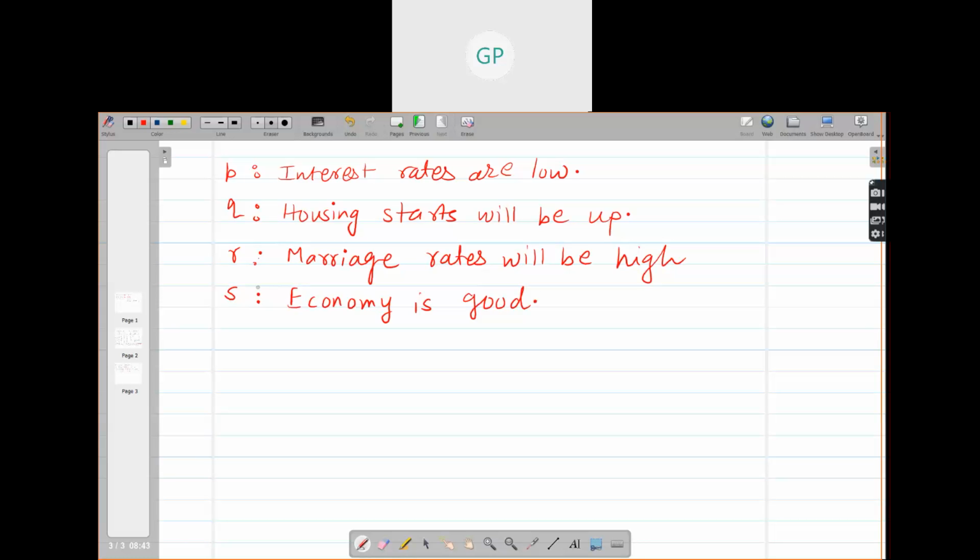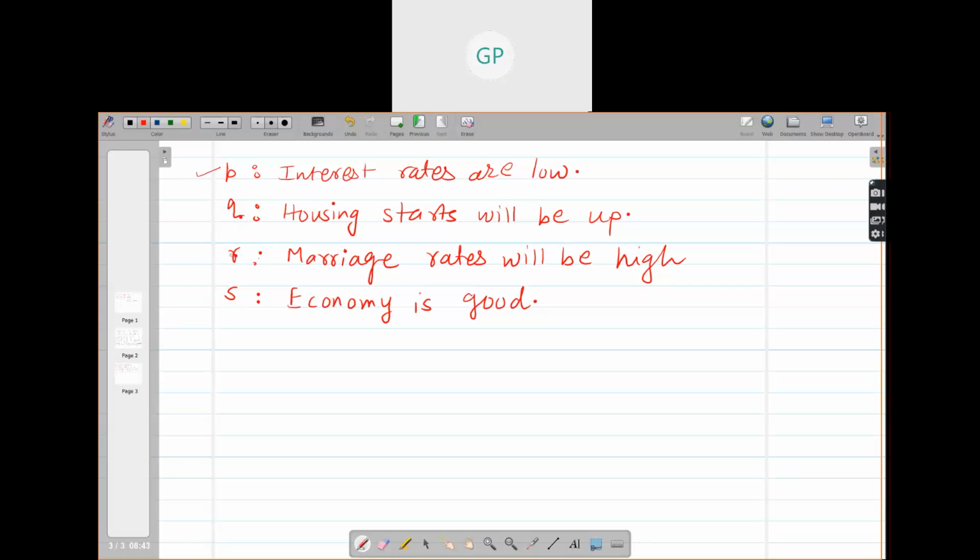So these four simple statements are there, and the argument contains compound statements which are made up of these simple statements. So what is the first one? If interest rates are low, means if P, then what is given to you? Then Q and R both are happening.